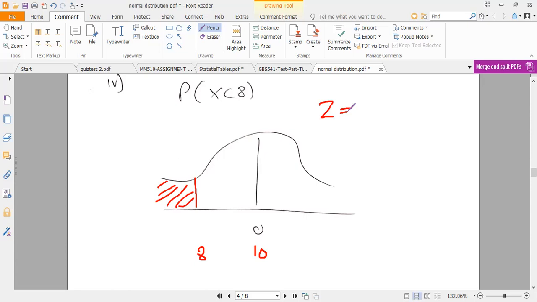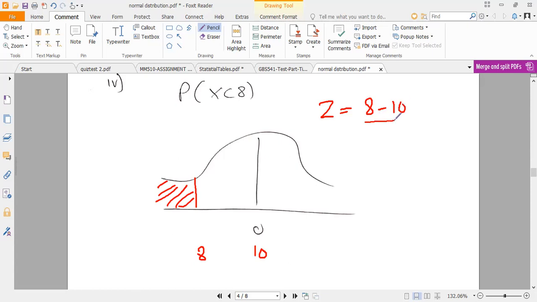How do we standardize the 8? We say Z equals X minus mu divided by sigma. So 8 minus 10 divided by our sigma, which is 3.